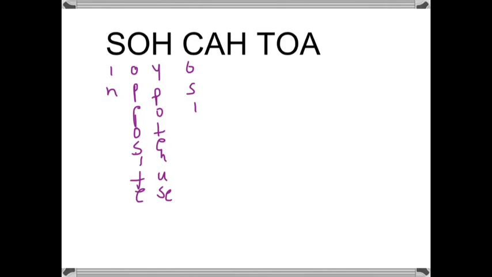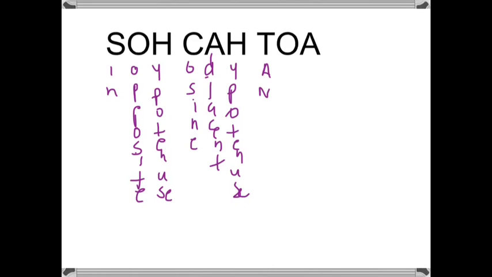Cosine is the adjacent over the hypotenuse. And the tangent function is the opposite over the adjacent.